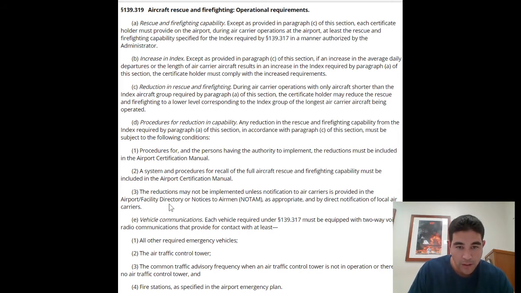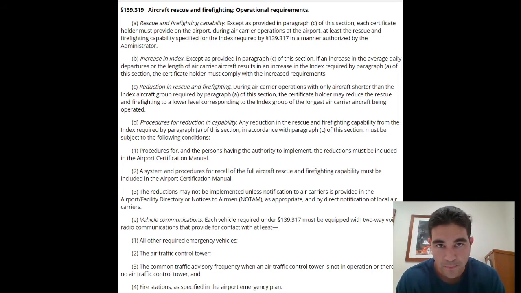And then number 3, you need to do a notice to airmen, a NOTAM, and basically let everybody know, local air carriers know, before you do the reduction, right? It doesn't make sense to do the reduction and not let all the aircraft and the airlines know, and then they bring in an aircraft that is not allowed per our index.